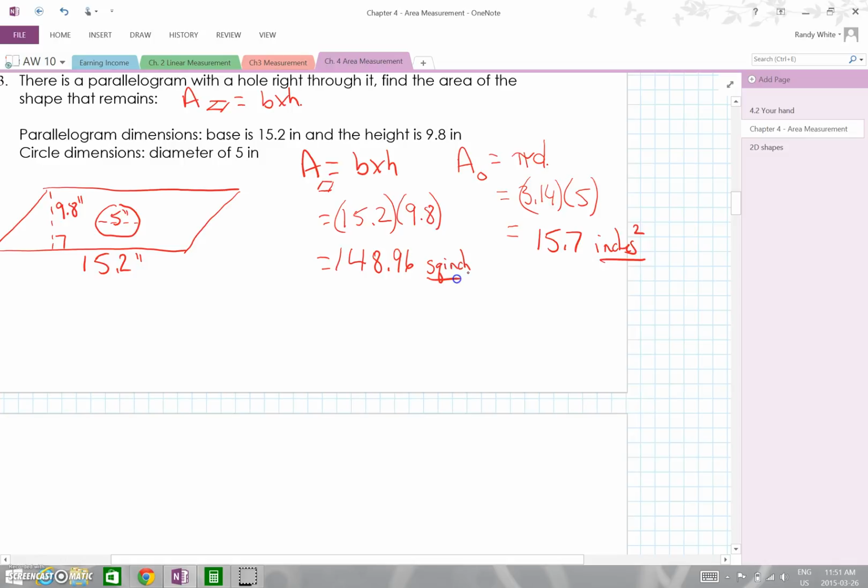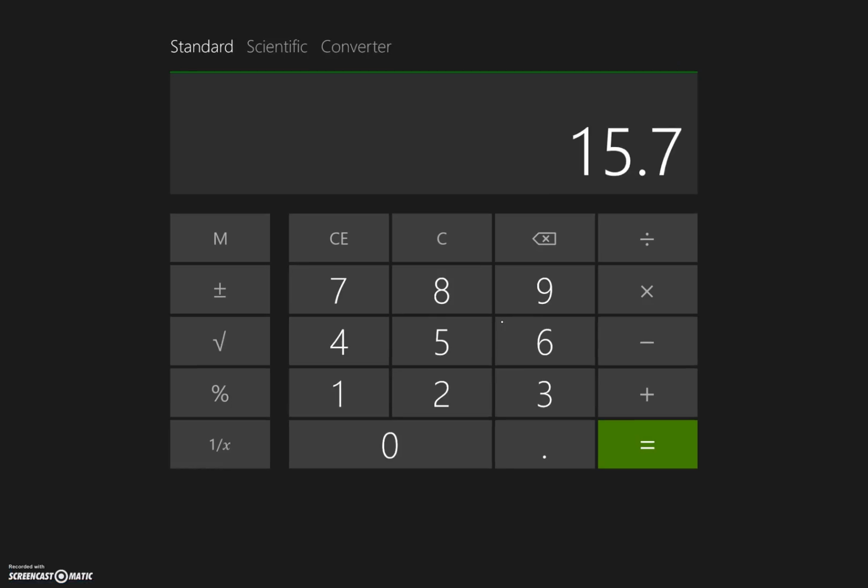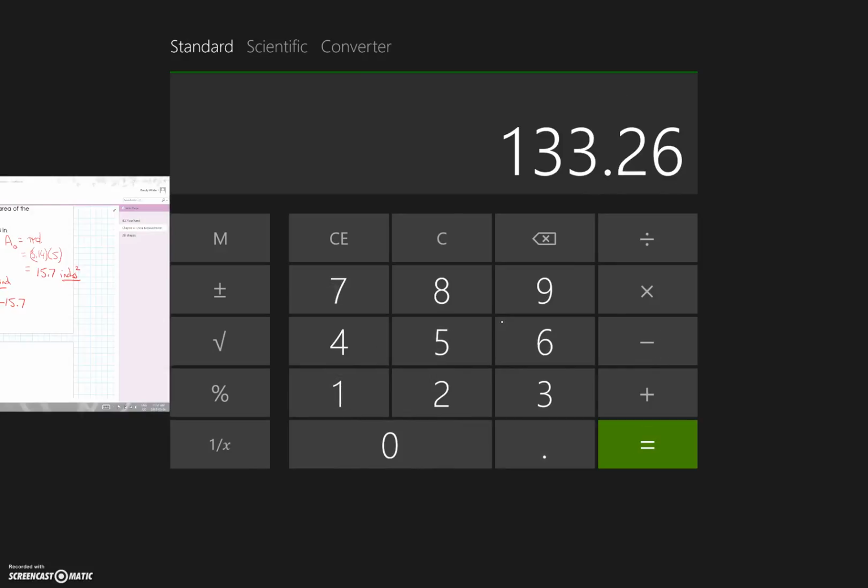Either that way or that way is fine. So for the area total, it's going to be 148.96 minus 15.7, which is 133.26.